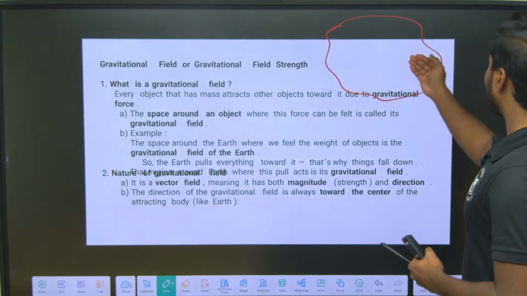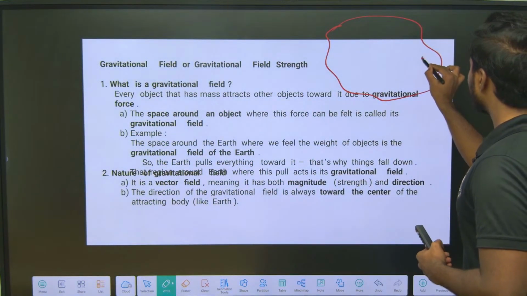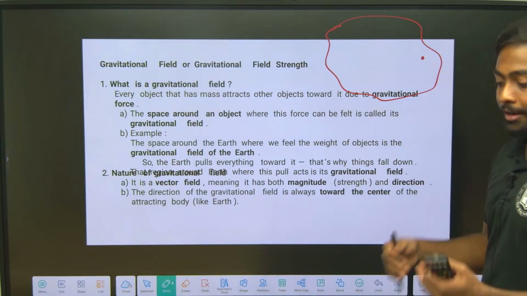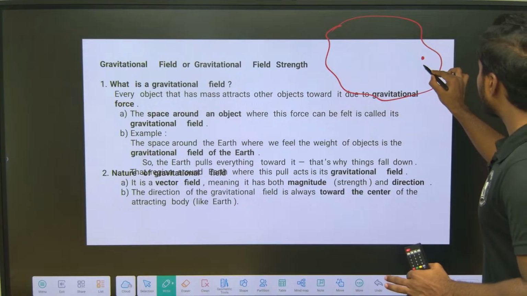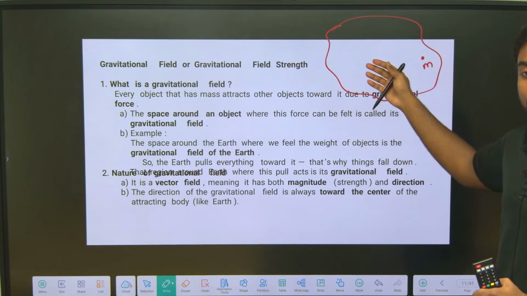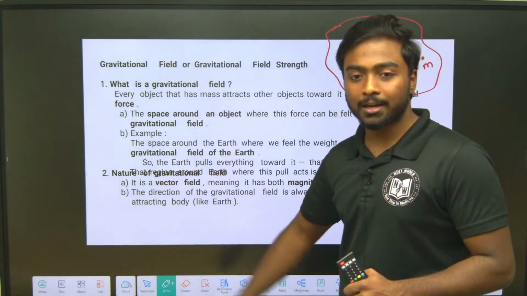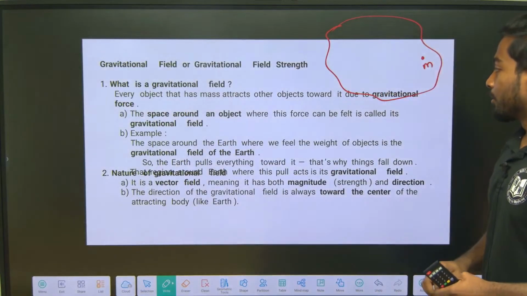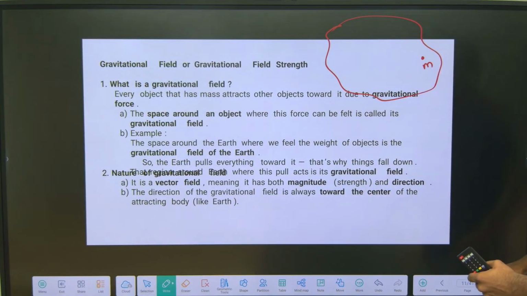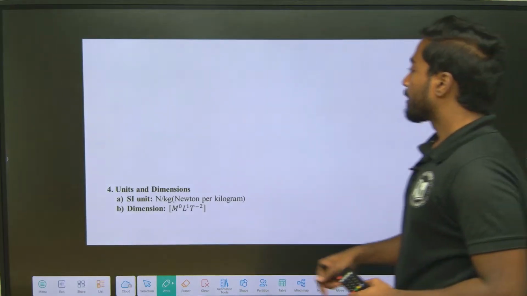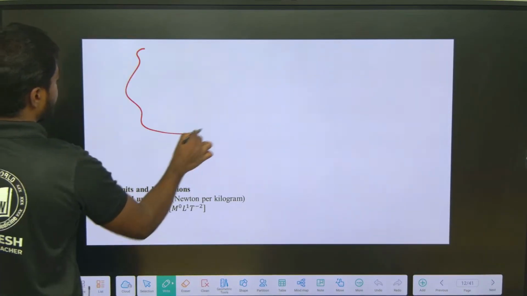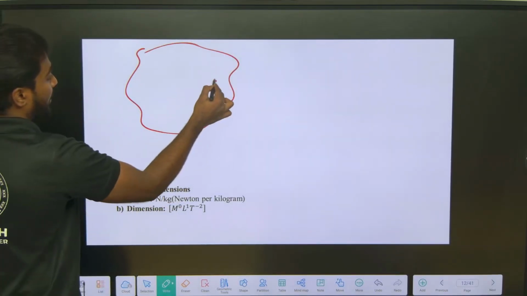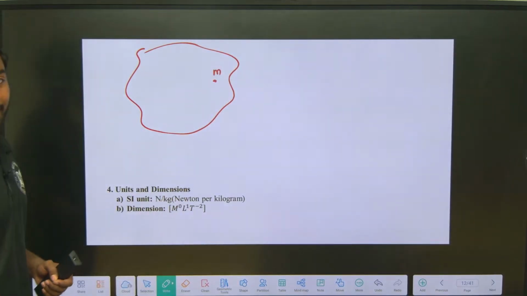Before that there was just a point, I don't know anything about that field or its strength. But if I keep some mass over there, I know whether the gravitational field exists or not in that system. So for that, in the system I have placed a mass to experience a gravitational field.